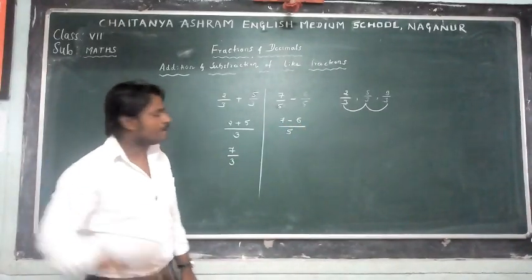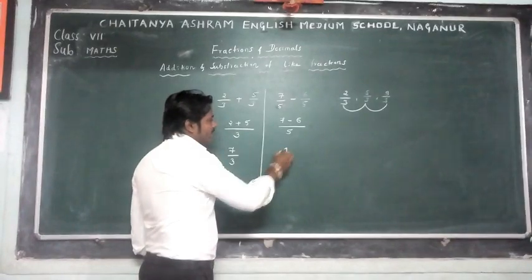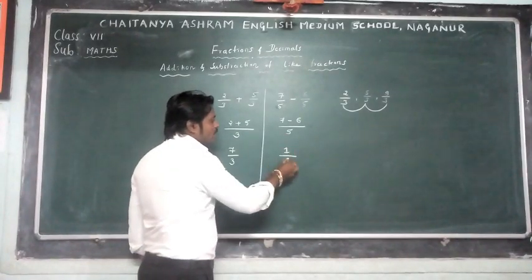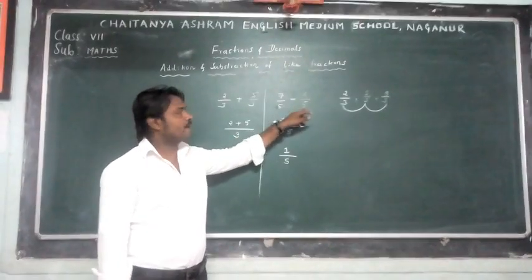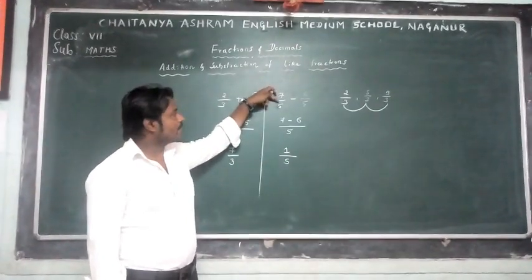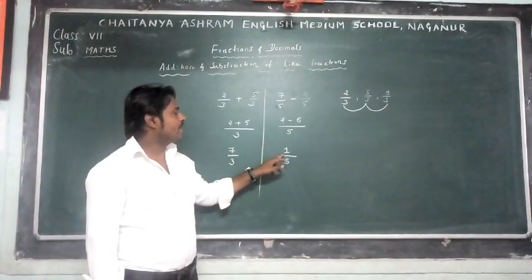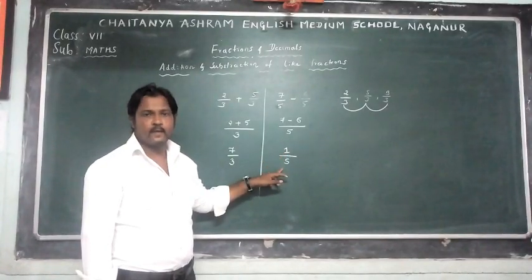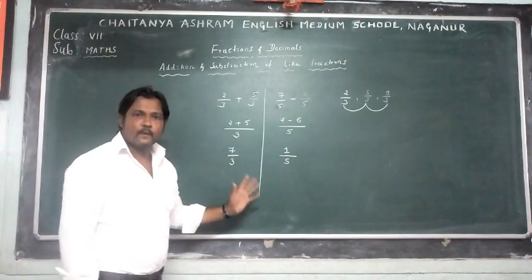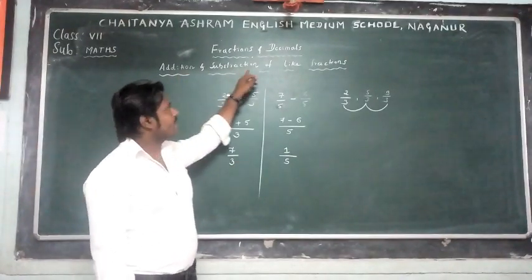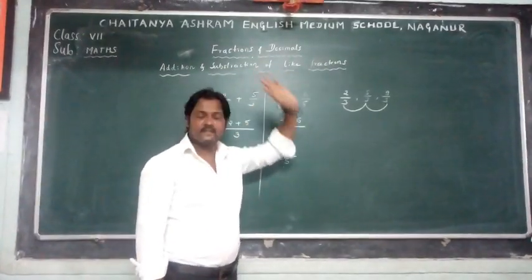Anyone? Yes, very good. It is 1. And write this 5 as it is. When you subtract 6 by 5 from 7 by 5, the answer is 1 divided by 5. Dear children, this is the case about addition and subtraction of like fractions.